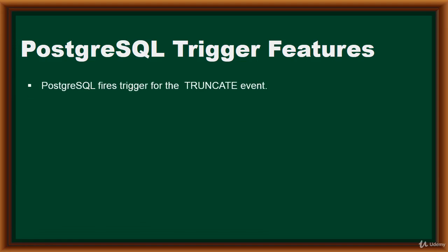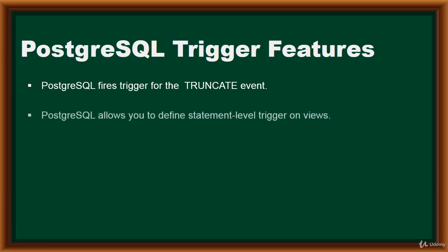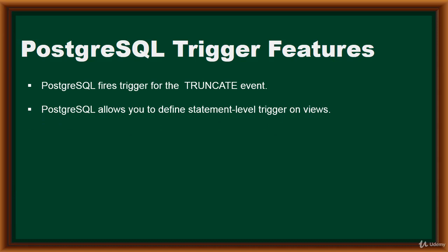Truncate is when a table is stripped of its data. So anytime a truncate event happens, it automatically fires off a trigger in PostgreSQL. Also, PostgreSQL allows you to define statement-level triggers on views. So if you have views set up, you can also define statement-level triggers on the views.